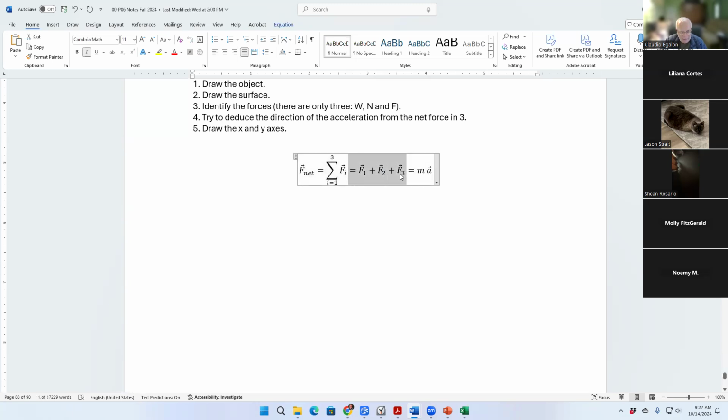And I identified all those forces, what they are. One is the weight. The other one is the normal.